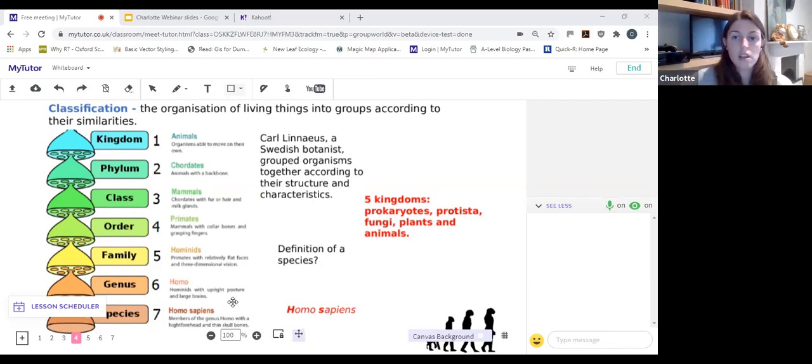Okay. There are 2 main things that you need to remember from this slide. Actually, there's 3. You need to remember Carl Linnaeus, and his 5 kingdoms. So Linnaeus and his 5 kingdoms. You need to remember that order there. So you need to remember kingdom, phylum, class, order, family, genus, species.